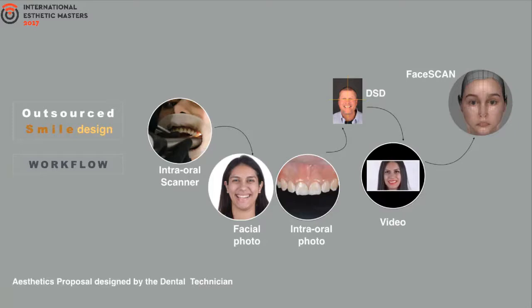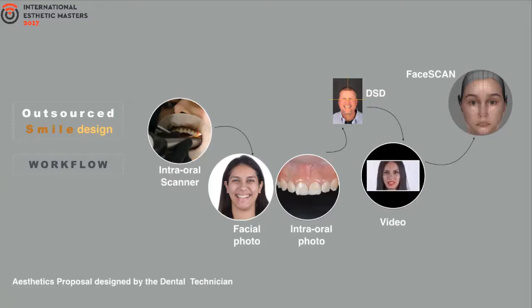The intraoral photos are used to deepen the analysis. For example, when the patient has a turned-around tooth, by using the intraoral photos, the technician will be able to get more detail of this tooth and its adjacent teeth.